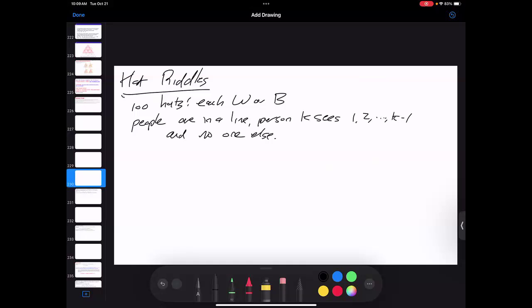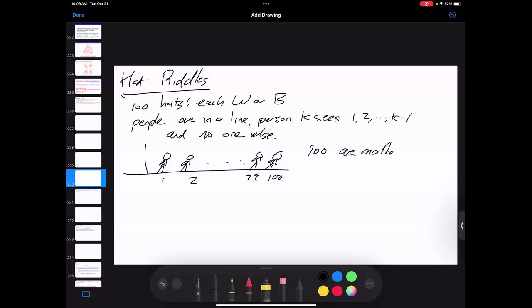Has anybody seen this one yet? 1, 2, ... 99, and 100. Okay. And then the hats are placed deliberately. So the 100 people are mathematicians.